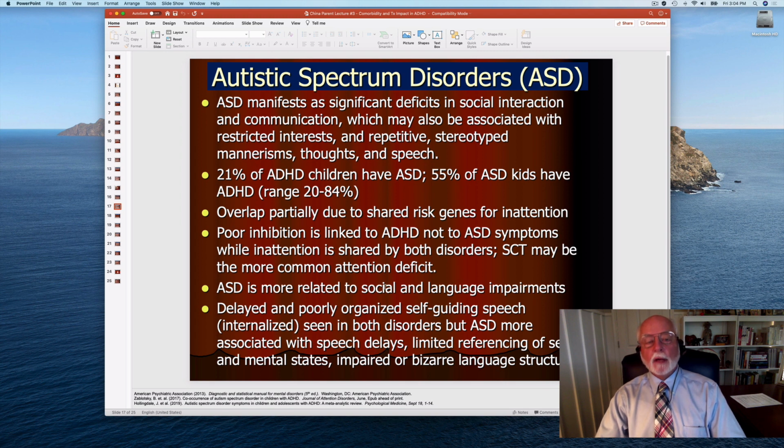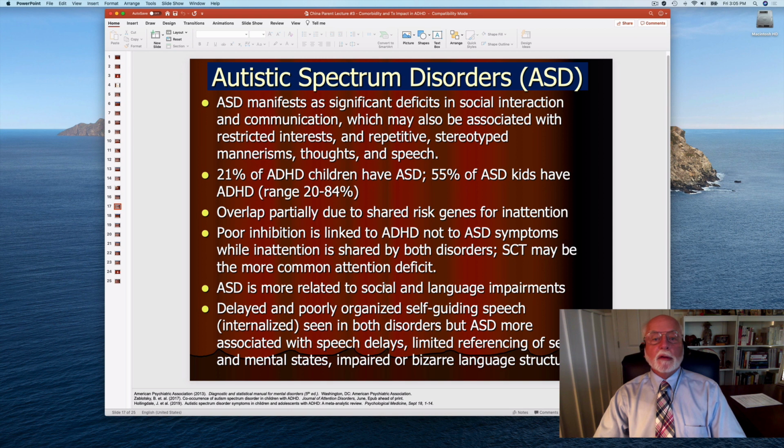However, if a child already has autism, at least half or more of such children may go on to develop ADHD as well. So the risk of seeing ADHD with autism, or vice versa, depends on which disorder is already diagnosed or developed first.